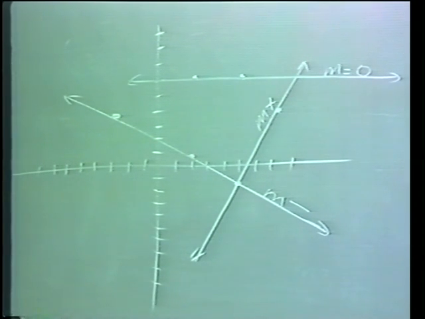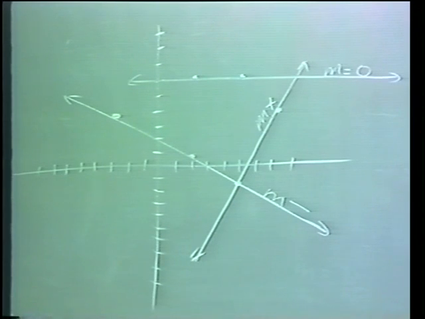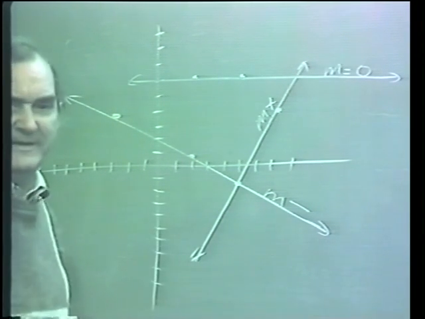Again, notice what a line that has 0 slope looks like. It's a horizontal line. It's a line parallel to the x-axis. So anytime they say you have a line parallel to the x-axis, right away you know its slope is 0.